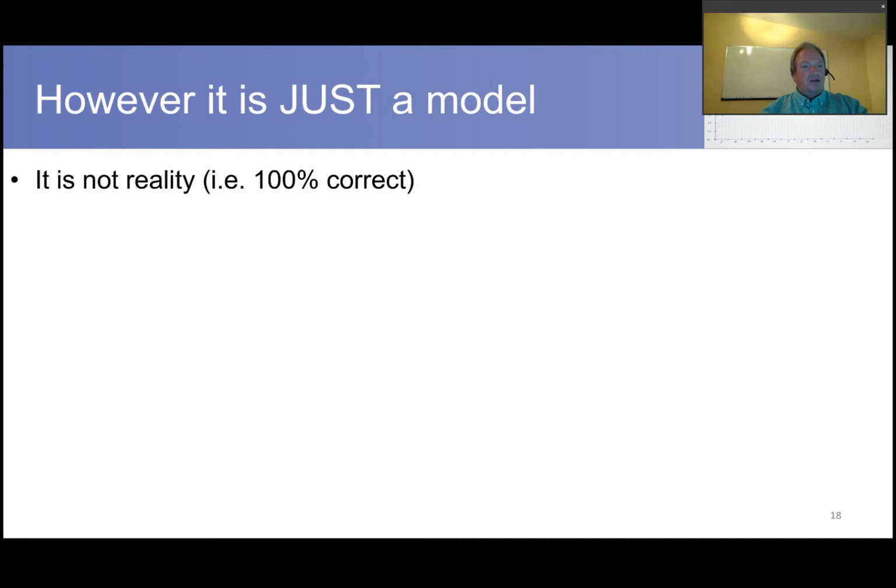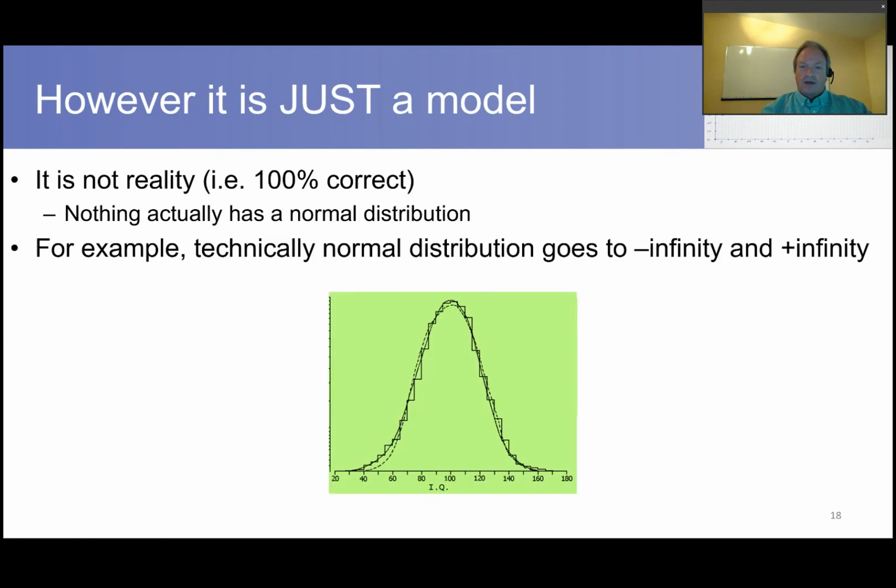This is a really good example to talk about because you have to realize that nothing in real life actually has a normal distribution. The normal distribution just models data. So if you look at IQ, for example, the jaggedy outline here is actually a histogram of a gazillion IQ scores, and you can see the normal distribution fits through it really well.